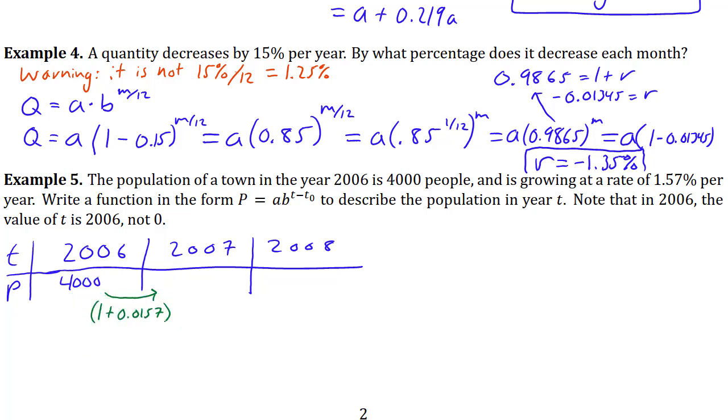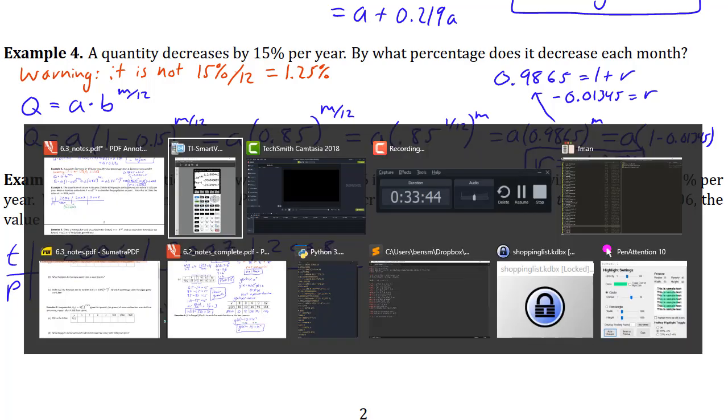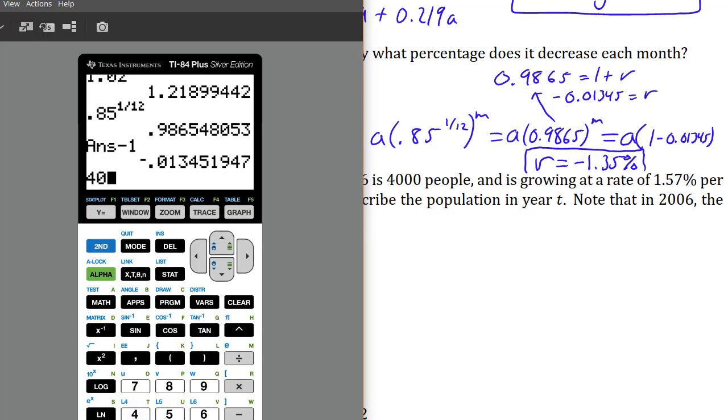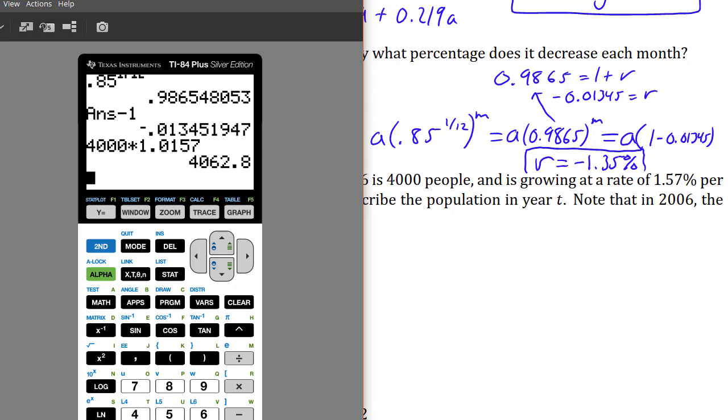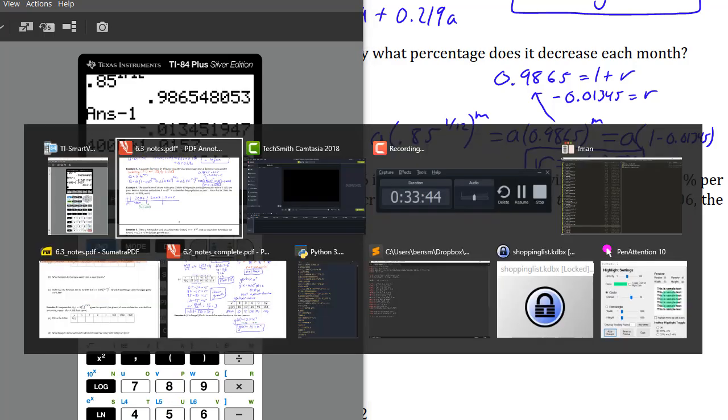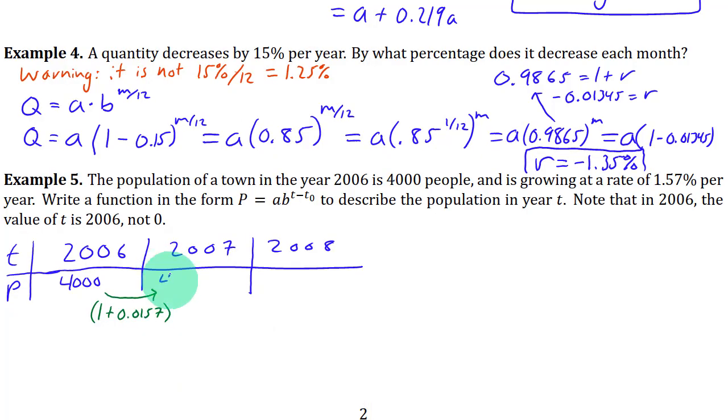So that's going to be 4,062.8. We can round it up to 4,063 people here.